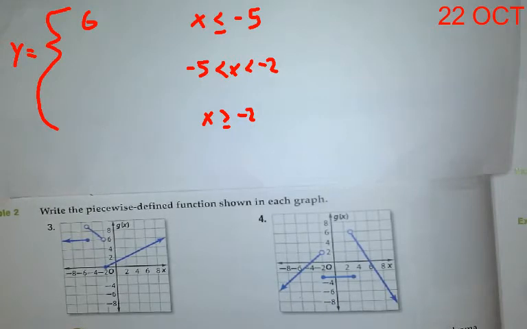So the X numbers for each of the dots go in the first column. So -5 is that first dot, and -2 is that second dot. And then on this side, I'm going to put the Y values. So this Y value is +9, and the other one is +6.